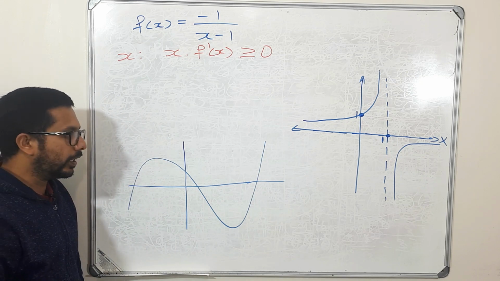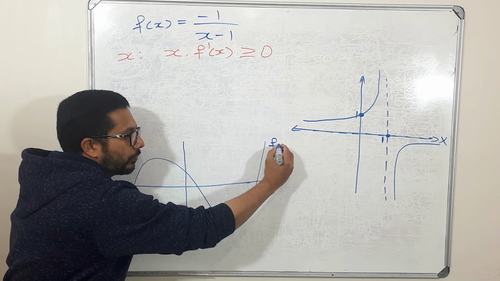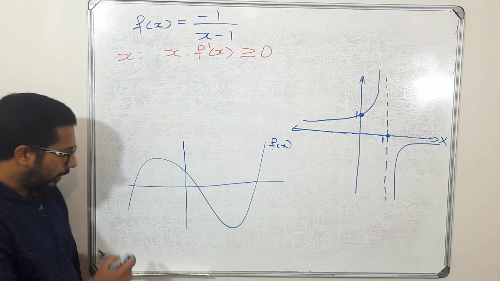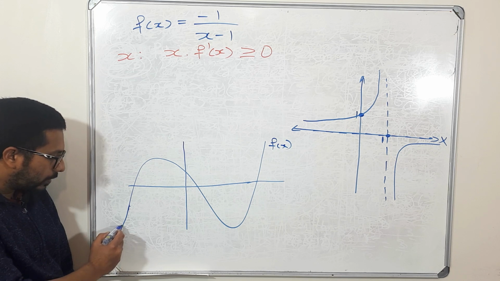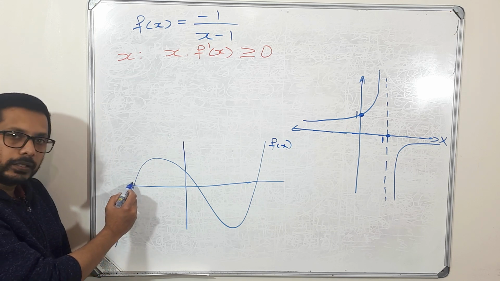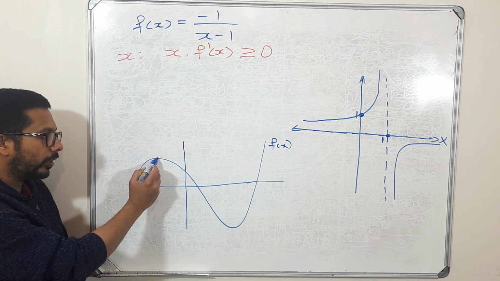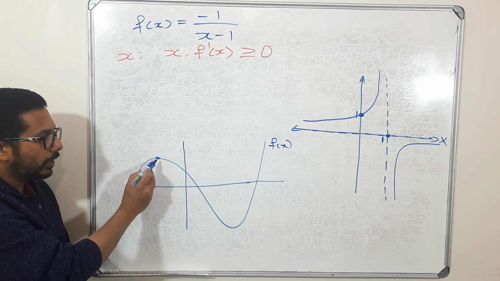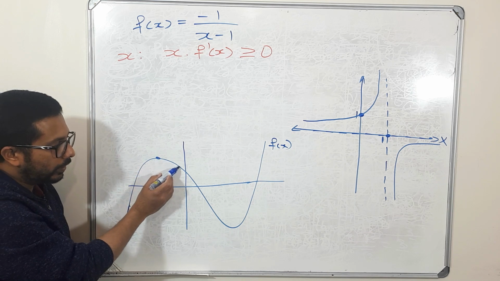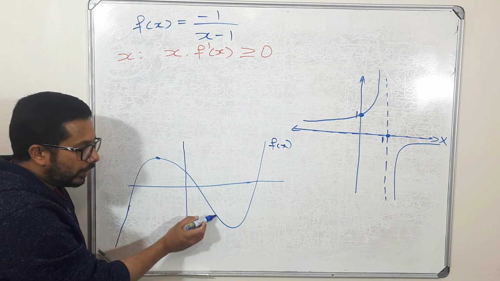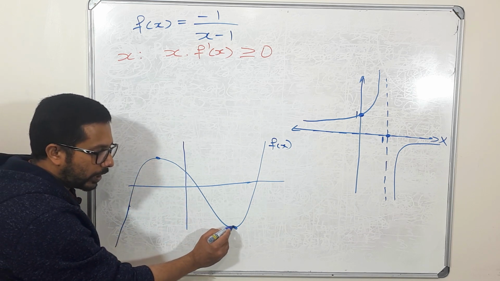In this cubic graph, this is my f of x graph, and here you can see the graph is increasing up to this point. From this turning point to that side the graph is decreasing up to this turning point.